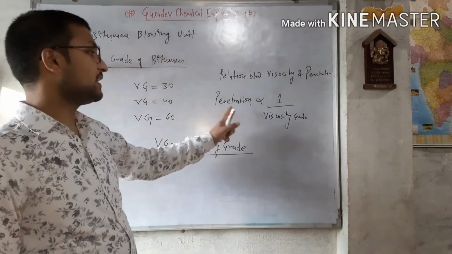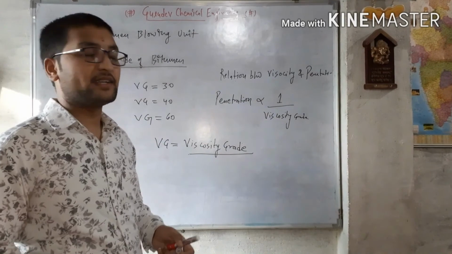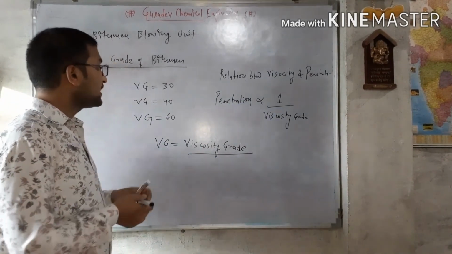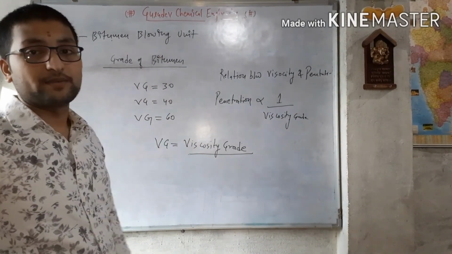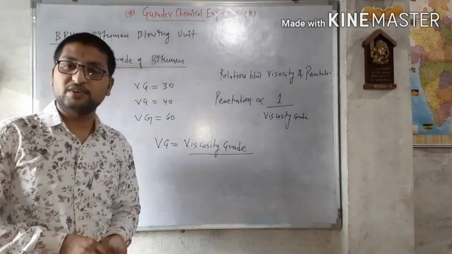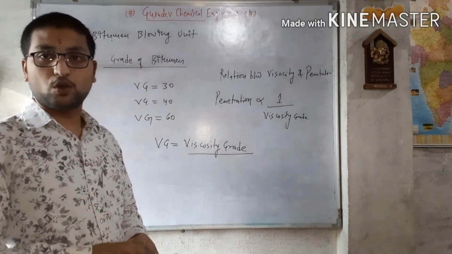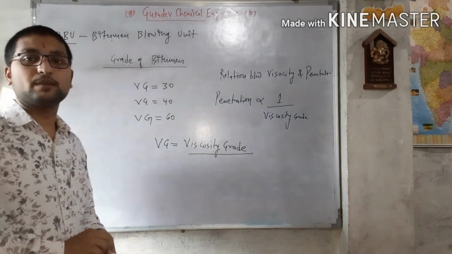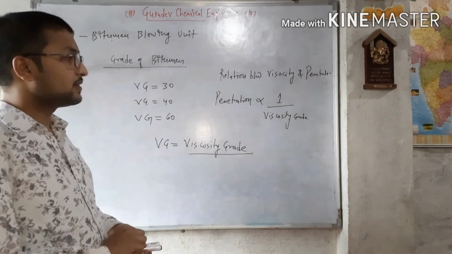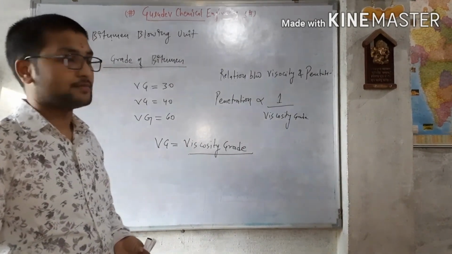This is the basic relation between the viscosity grade and the penetration. According to their viscosity grade, we use the bitumen in different places, in airports, or making roads in cities or airport roads, and many more uses of bitumen.